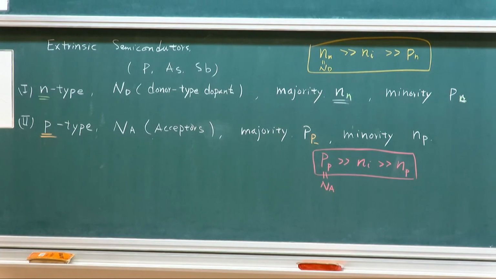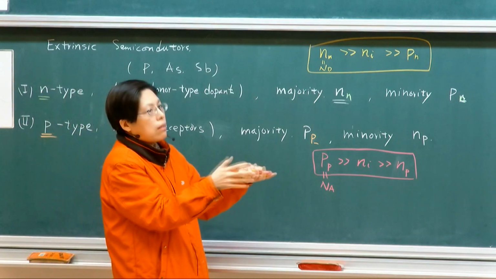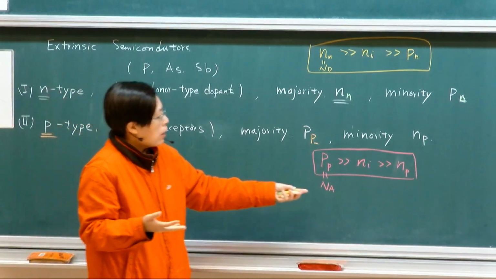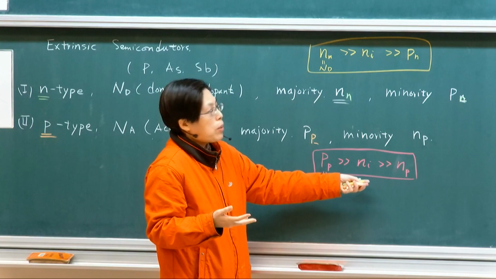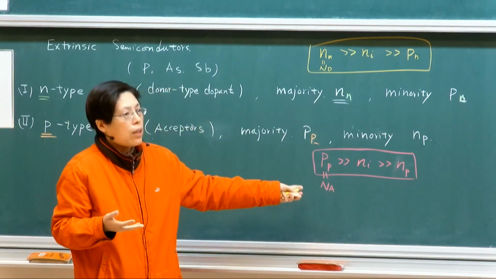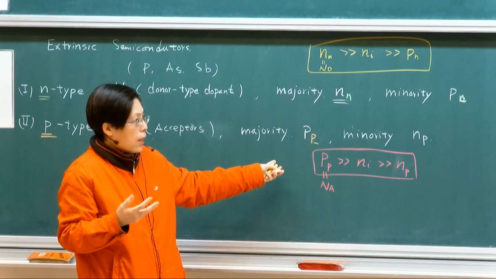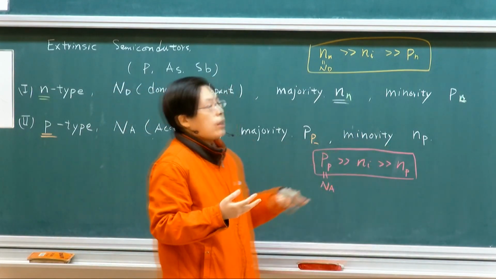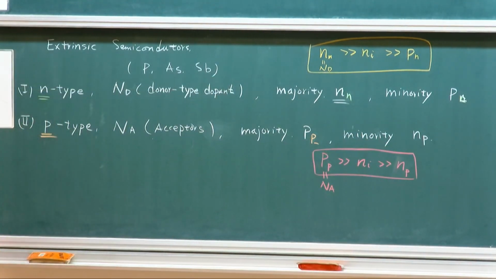As we discussed last time, intrinsic density is very, very low. So anytime you put in a sizable amount of dopants, dopants will always be much, much larger than this. And the amount of majority carrier will suppress minority carrier. The reason for this is because of mass.